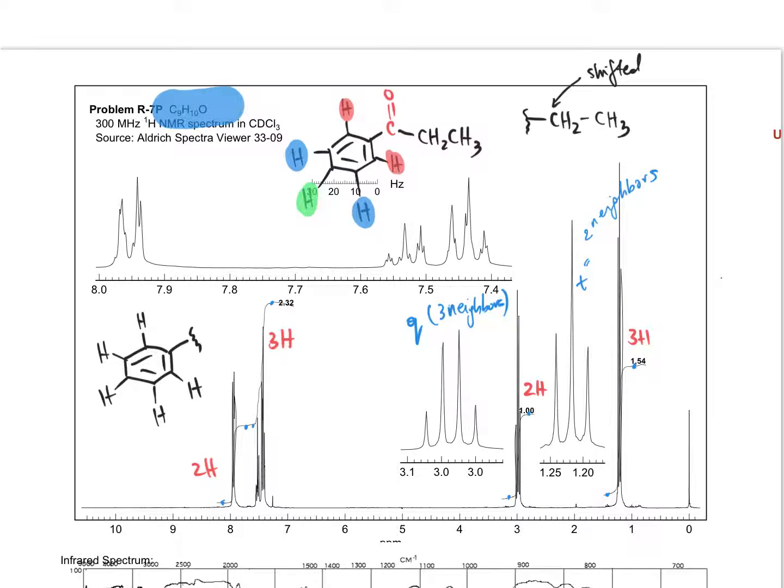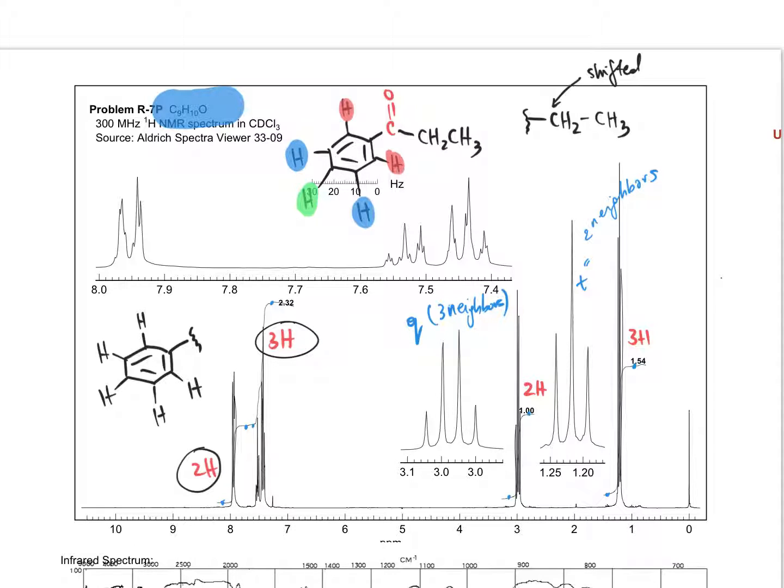So what we actually see in the NMR is a group of 2 and a group of 3, which makes sense because the 2 are closer to our carbonyl. There is some shift happening for them, and the other 3 are farther and don't experience that shift as much, so they stay put right here.